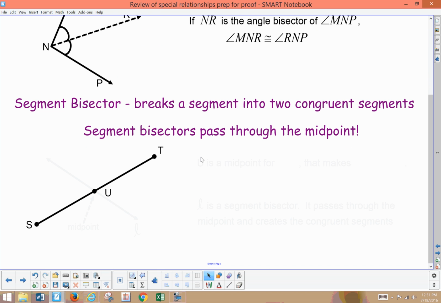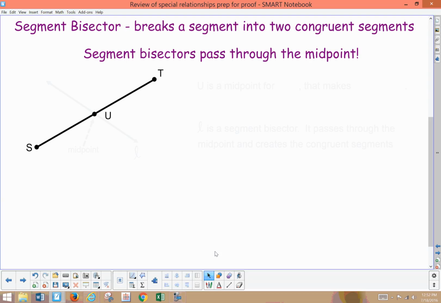The segment bisector is very similar. When we have a segment bisector, it breaks the segment into two congruent segments. Segment bisectors always pass through the midpoint.